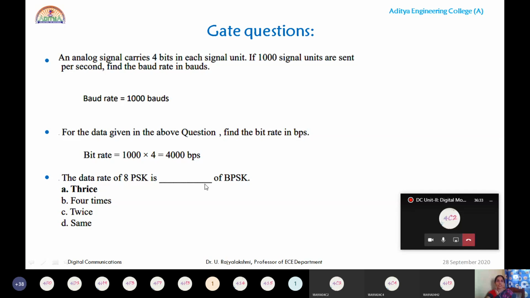Similarly, the data rate of 16-ary PSK is dash times that of BPSK. Any one of you, please answer my question.